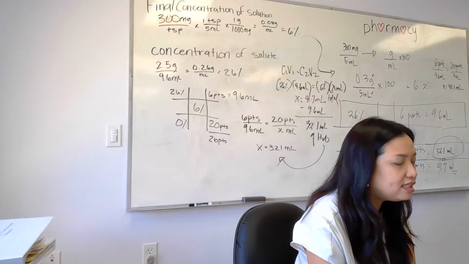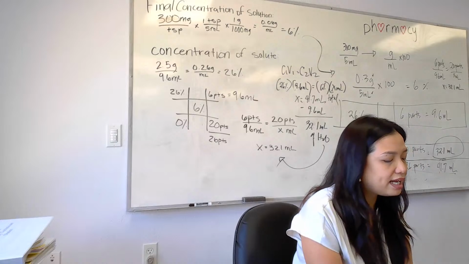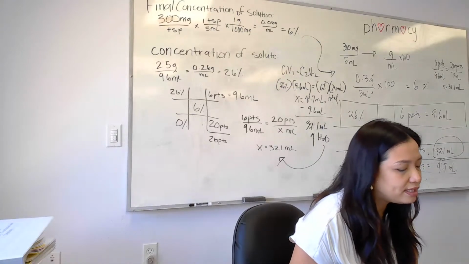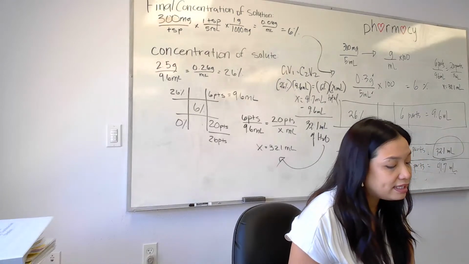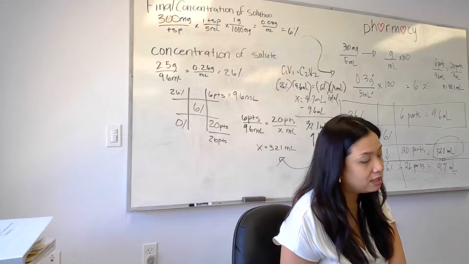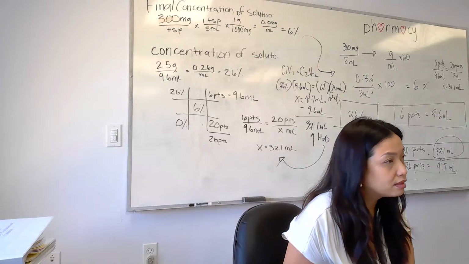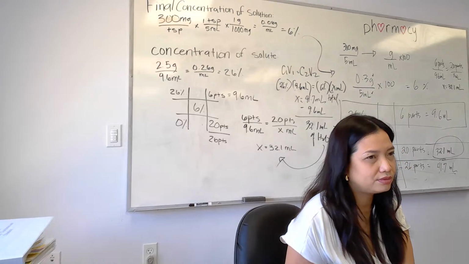Number 17. We did this as well in the other worksheet, right? You're asked to add 44 milliequivalents of NaCl to an IV bag. NaCl is available as a 4 milliequivalent per ml solution. How many milliliters would you add to the bag? 11. What process did you use?